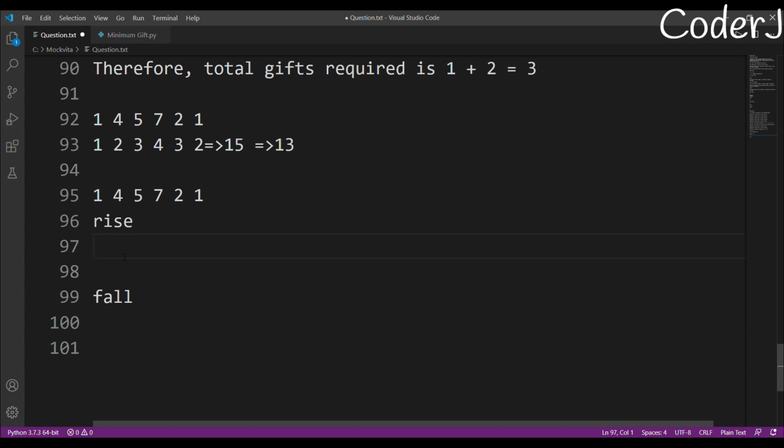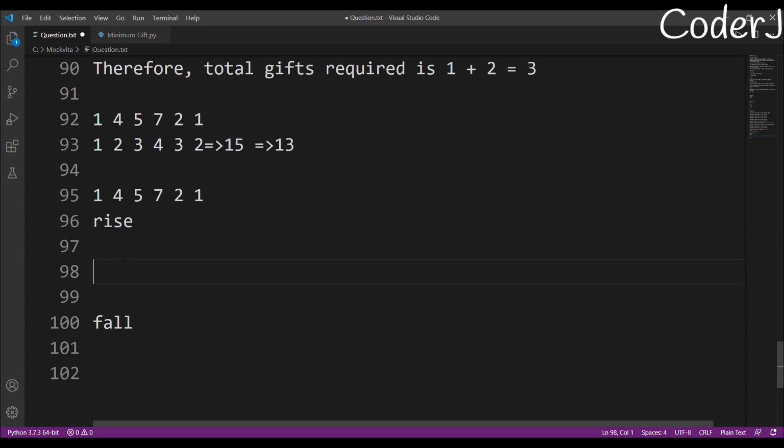If my current element is greater than my previous element, then I just increase the value of my current element by 1. Otherwise, I don't do anything. Actually, better than not doing anything, I can just mark it as 1, or it doesn't even matter.